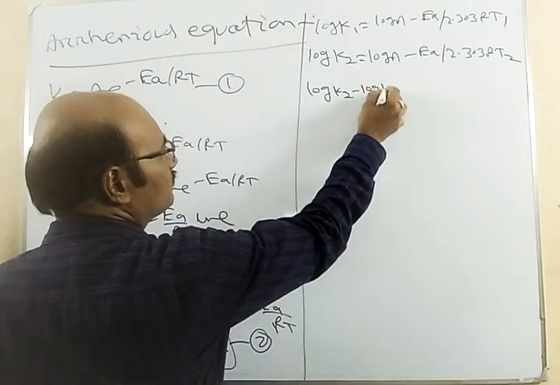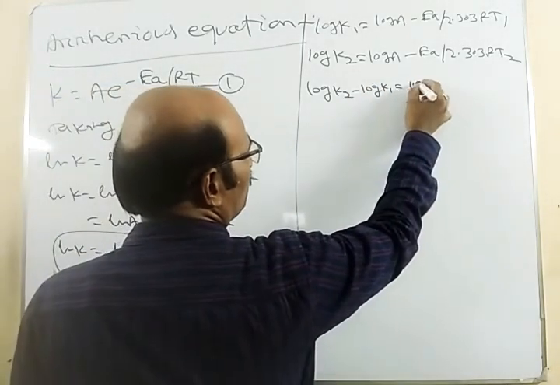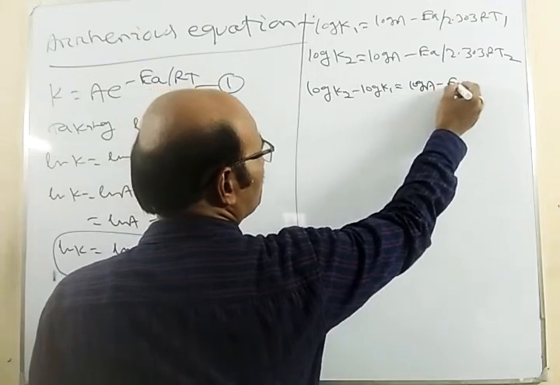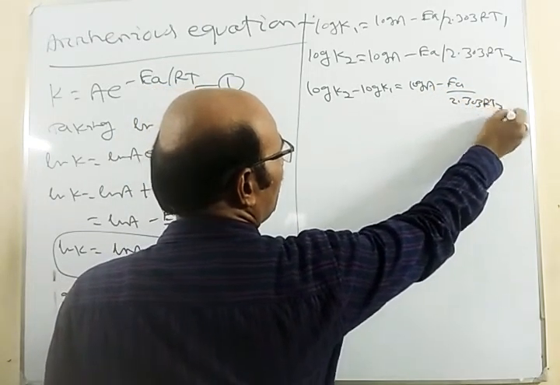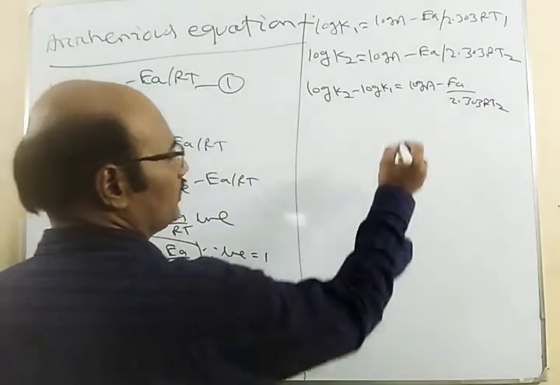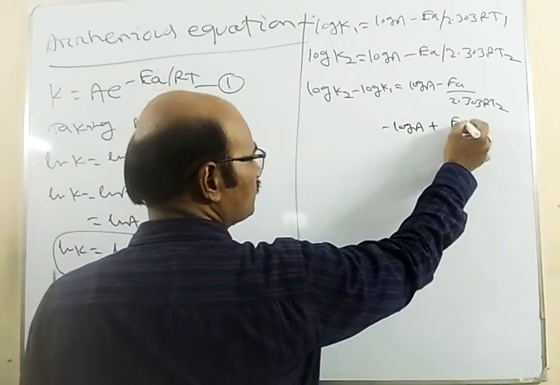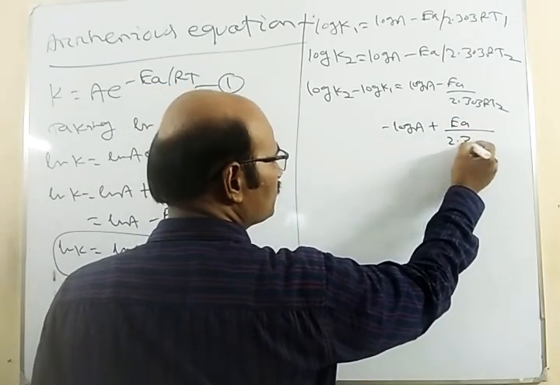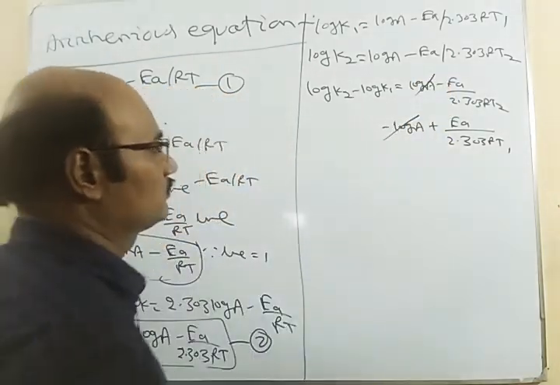Okay, now log k2 minus log k1 is equal to log A minus Ea by 2.303 RT2 minus log A plus Ea by 2.303 RT1. The log A terms cancel.